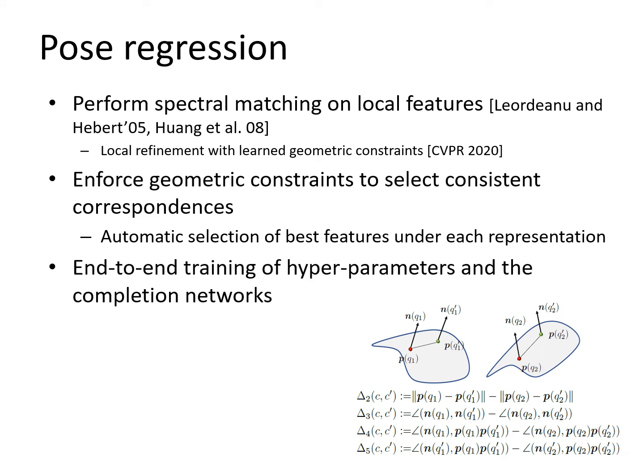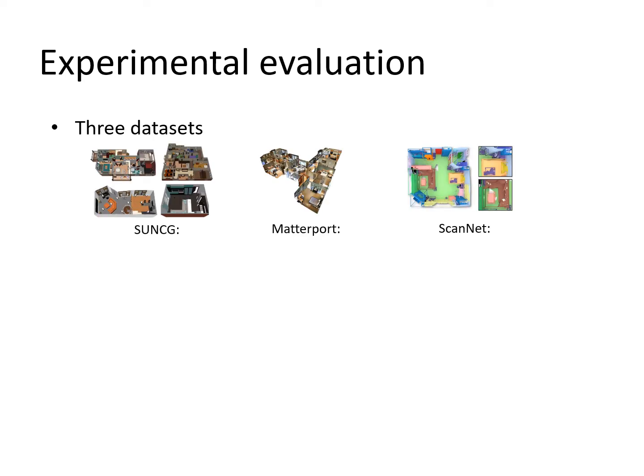We also show how to perform end-to-end training of the hyperparameters of the pose regression module and the completion networks. Please refer to the paper for more details. We perform experimental evaluation across 3 datasets: SunCG, Matterport, and ScanNet.